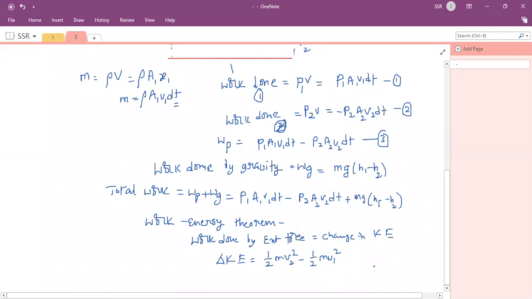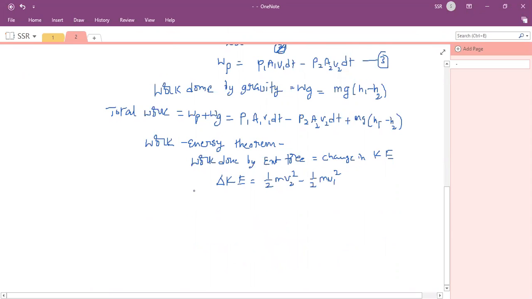Then you can equate with the work energy theorem: P1 A1 v1 dt minus P2 A2 v2 dt plus mg (h1 minus h2) is equal to half m (v2 square minus v1 square). This is by using the work energy theorem.